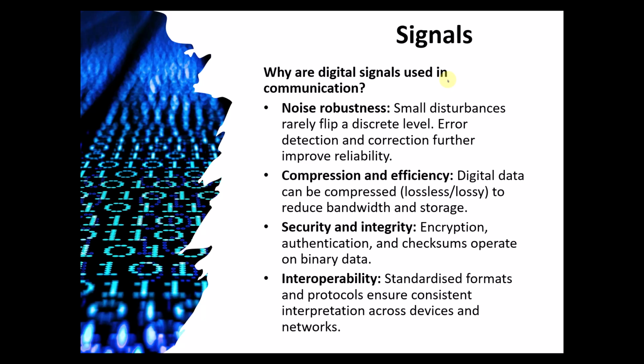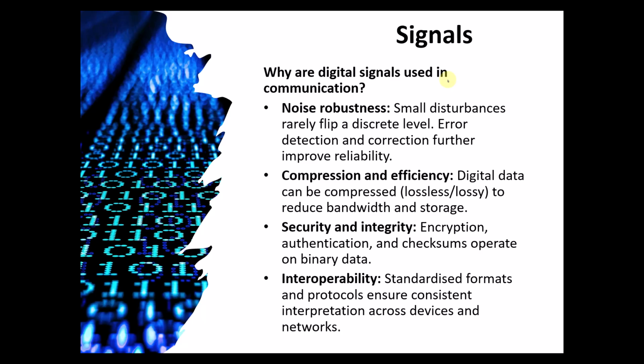Compression and efficiency. Digital data can be compressed. Because of digital signals, we are able to compress data to save bandwidth and storage. And then in terms of encryption, authentication, and checksum operations, these are much simpler on binary data than on analog signals. So these are the reasons why we would choose a digital communication system over an analog communication system.